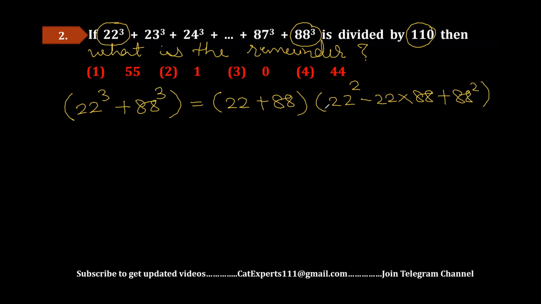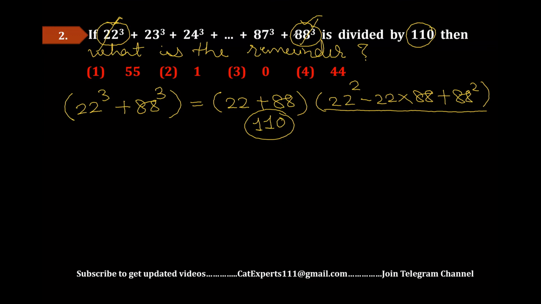I'm not at all interested in that term. I'm interested in this term. What is happening? 22 plus 88 is 110. So the sum of the first and last term is a multiple of 110. And since I want to divide it by 110, it has to be divisible. So as far as the question is concerned, this plus this has to be divisible by 110.